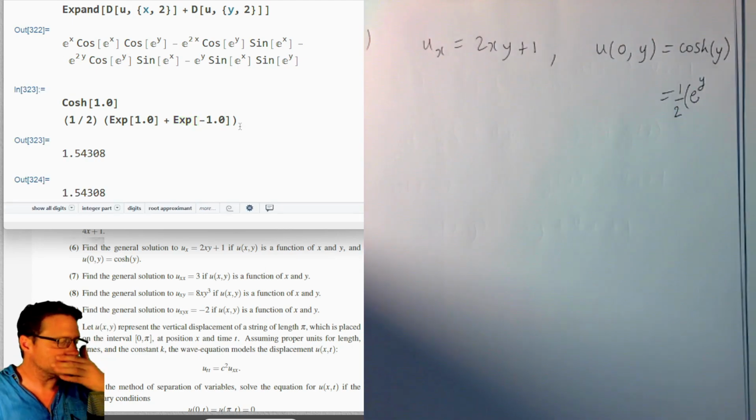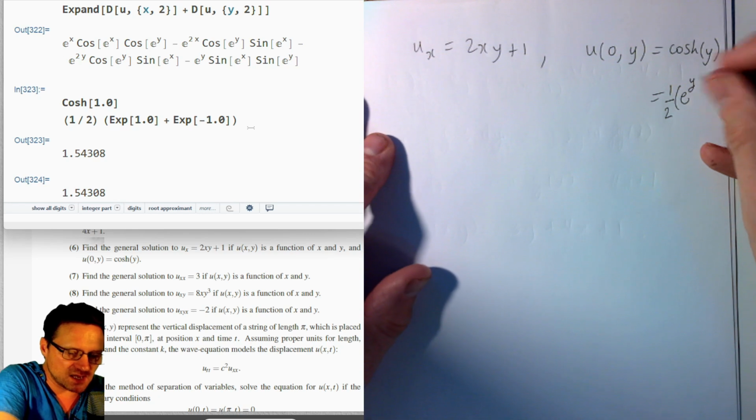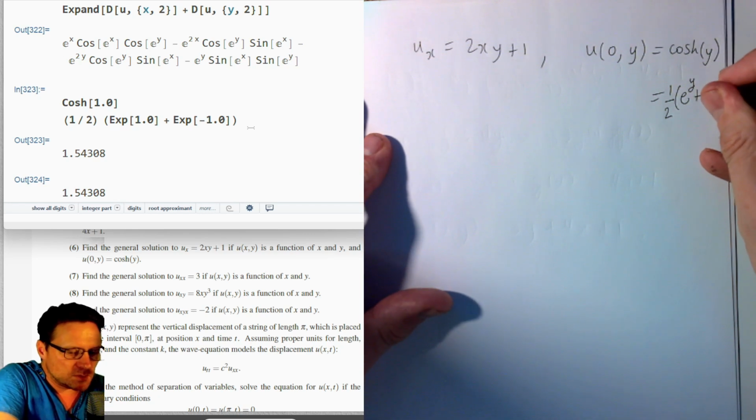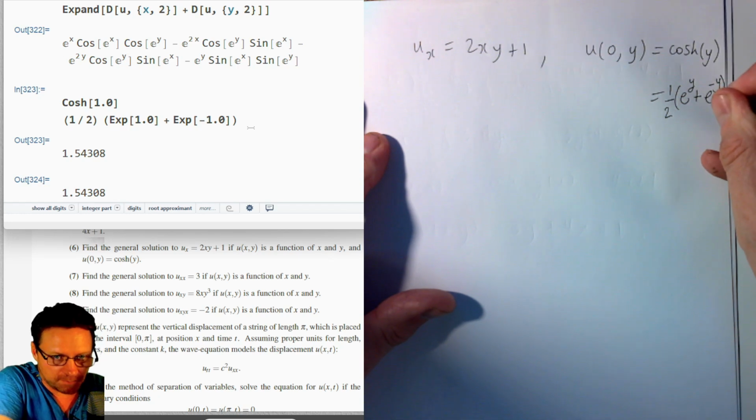Are these the same? Yes. So that reminds me that cosh is 1/2 e to the x plus e to the minus x. But here it's cosh of y.